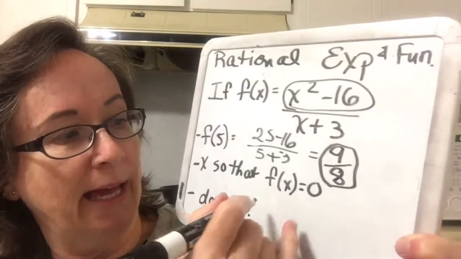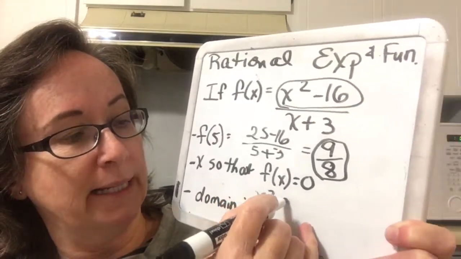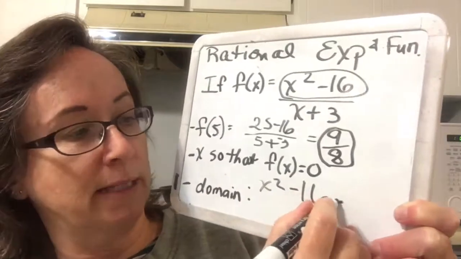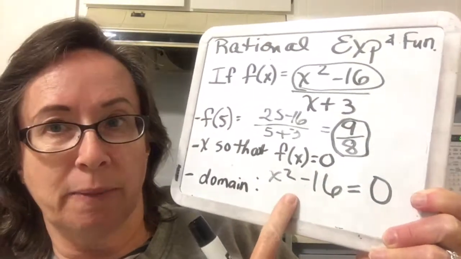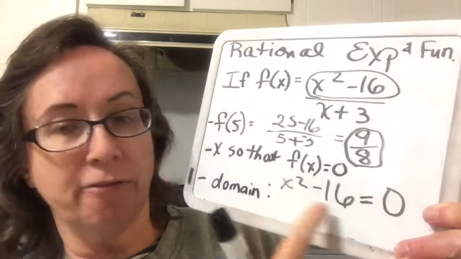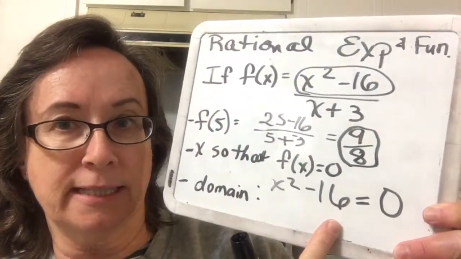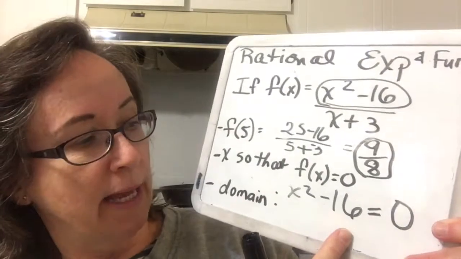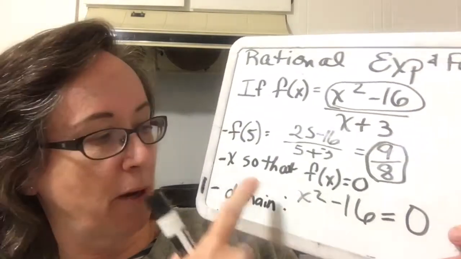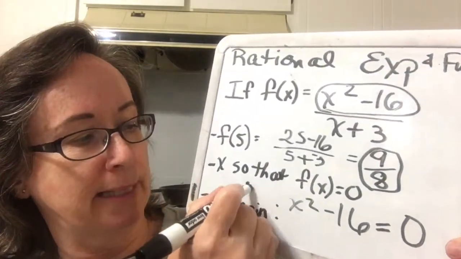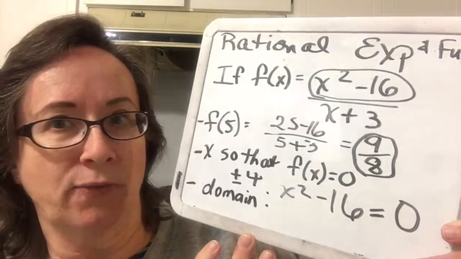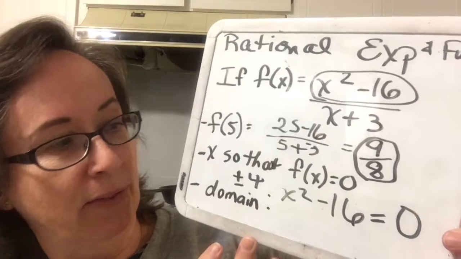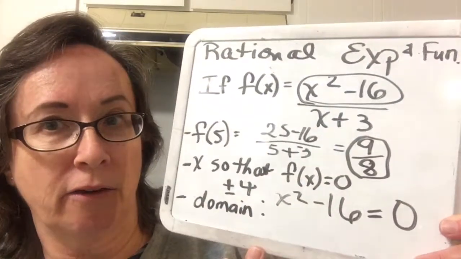So we have x squared minus 16 equals 0, and we know that that is going to be plus or minus 4. I could factor this into conjugates, x plus 4, x minus 4, and the answer to part B is plus and minus 4, the two x values that will make the whole function go to 0.